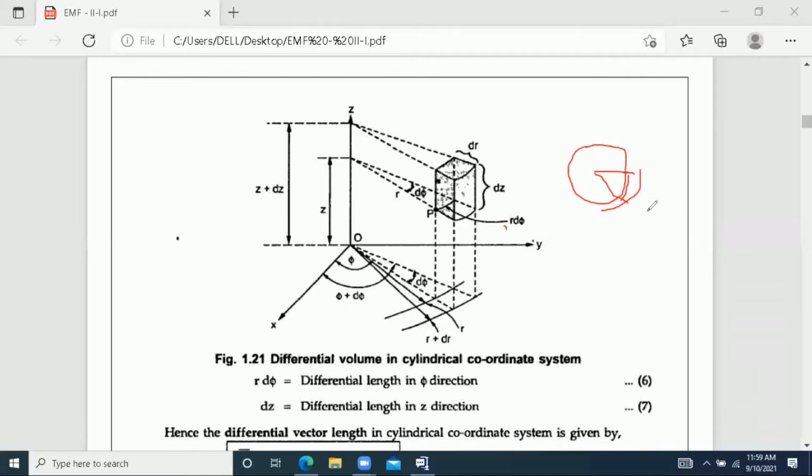So 2 pi radians is equal to 360. So to find the arc would be that angle in radians times r, right? So here we have it. That differential length is r d phi, with d phi being the angle.